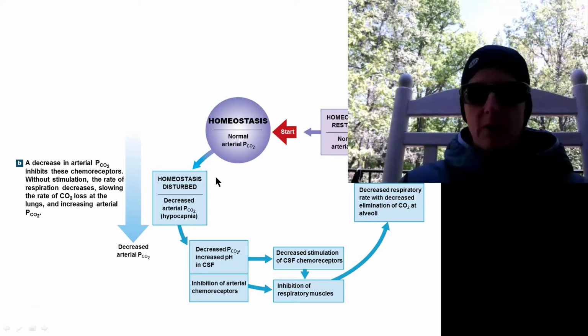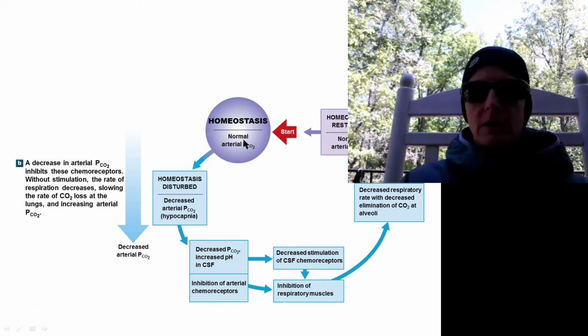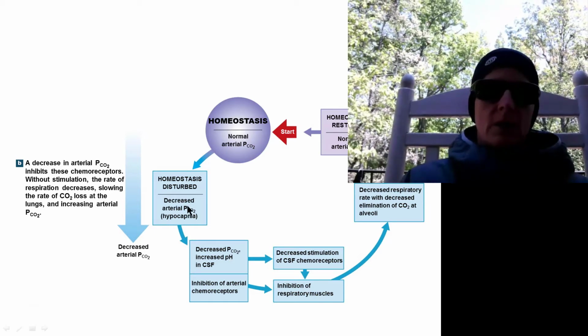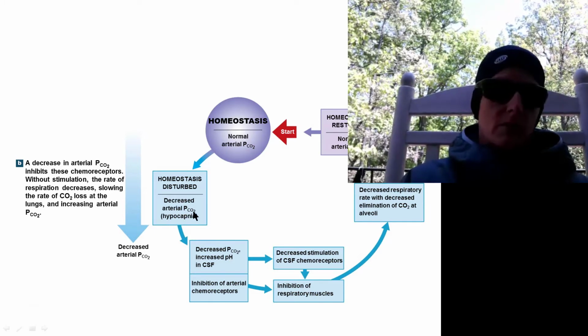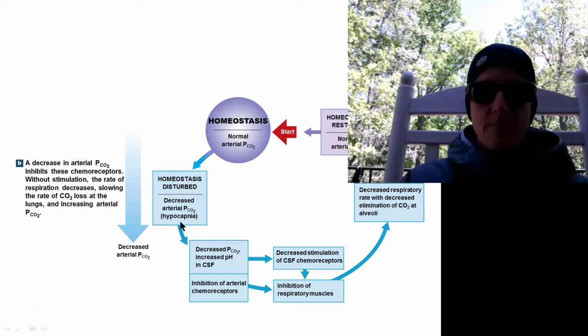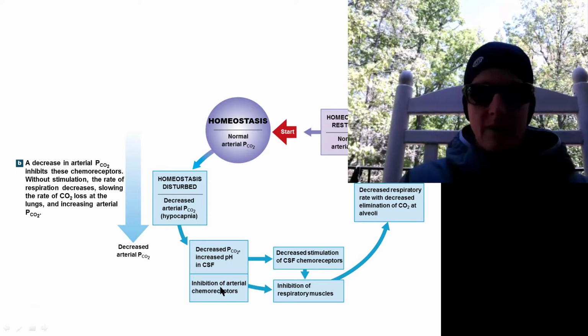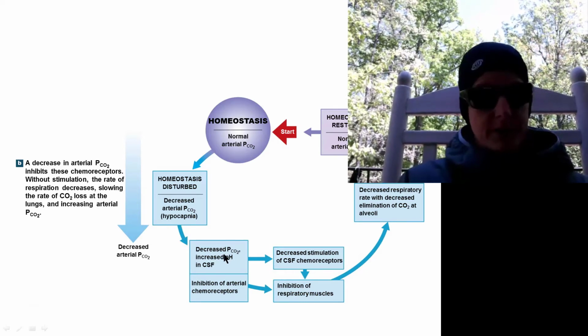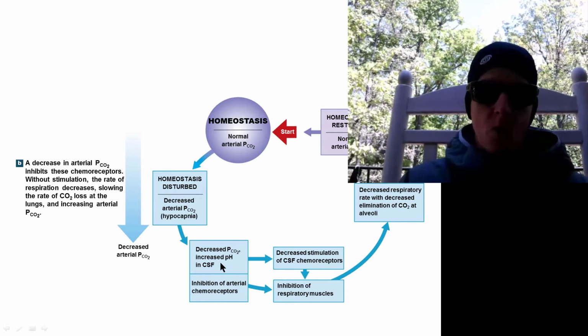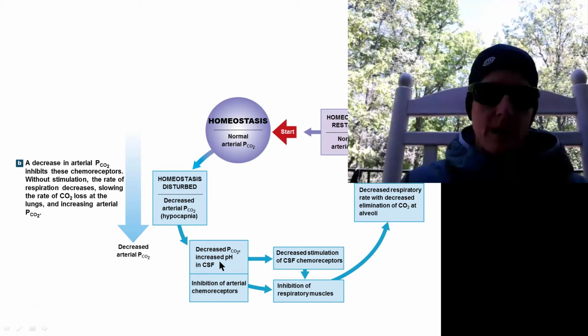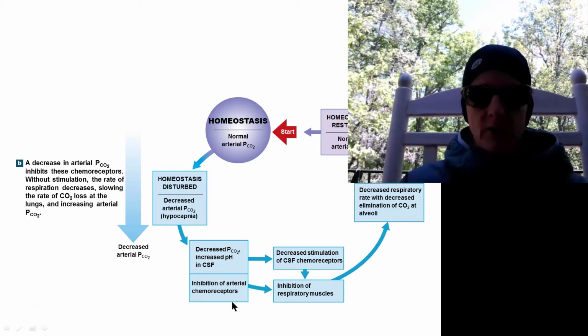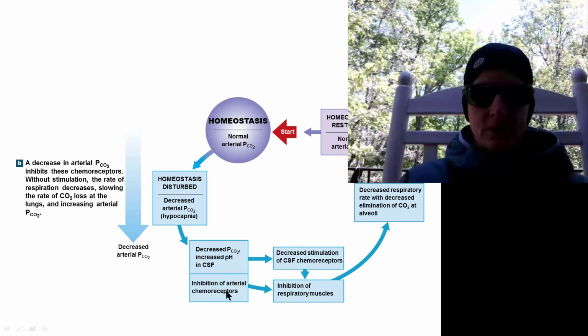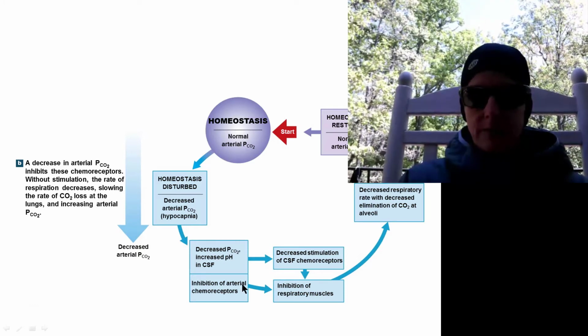Now, when we have the opposite, when we have decreased arterial carbon dioxide, that is, we have hypocapnia, well, then we're going to have decreased carbon dioxide, therefore an increase in pH. We're going more alkaline. So that's going to inhibit our arterial chemoreceptors.